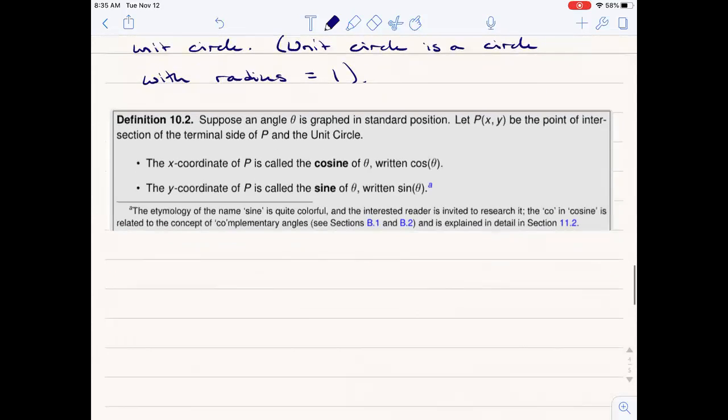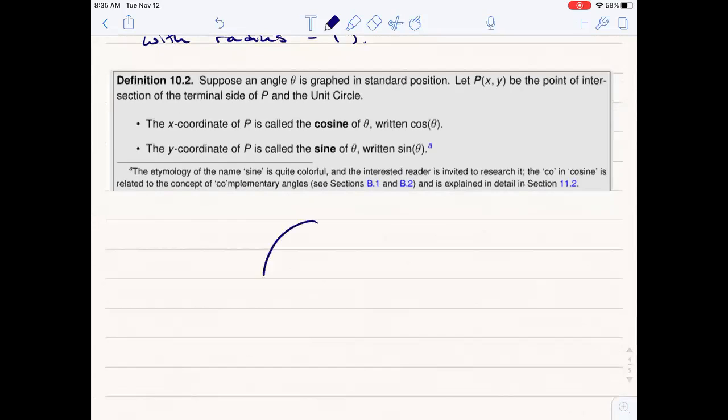So what this is going to look like, right, is that we'll have some circle, and we've got the origin here. I'll even extend my line a little bit.